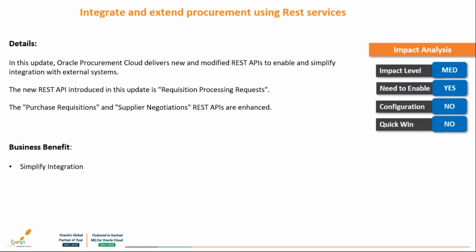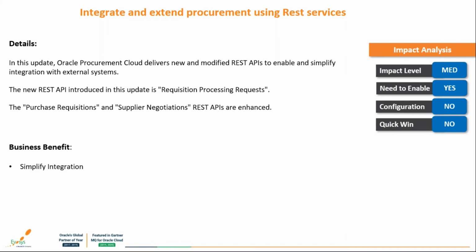You will find all the resources you need in this REST API for Oracle integration. Oracle Procurement Cloud now has new and updated REST APIs that make it easier to integrate with external systems. Requisition processing request is the new REST API introduced in this release. The REST APIs for purchase requisition and supplier negotiation have been improved.